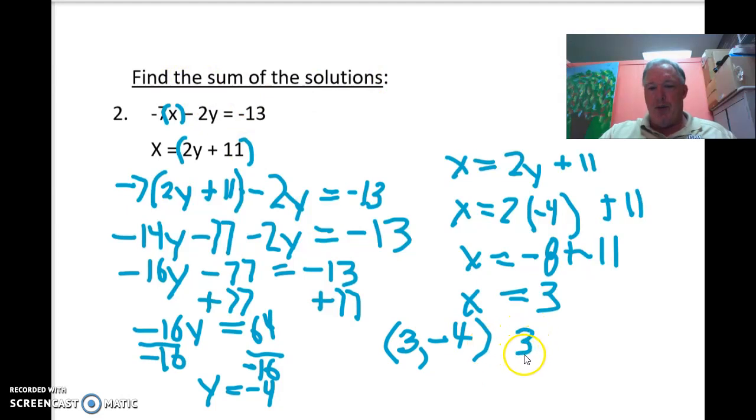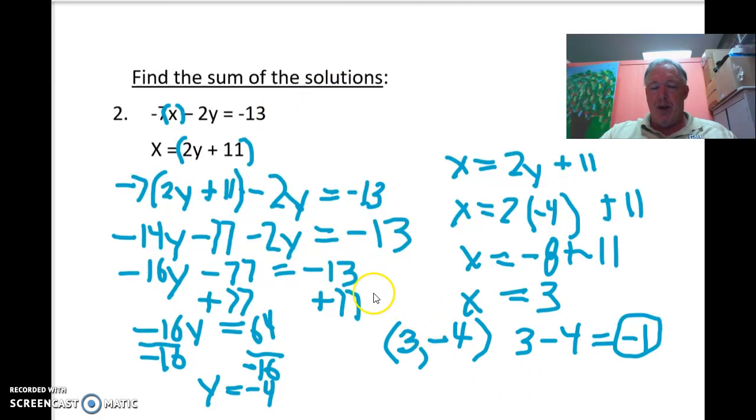So I'm going to take 3, and in this case, when you add, you're going to basically add a negative, which would be subtract, basically 3 and negative 4. So 3 minus 4 is going to be equal to negative 1. So negative 1 is the final answer for the sum of the solutions.